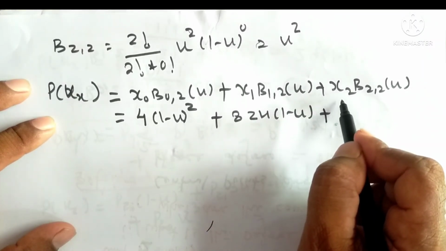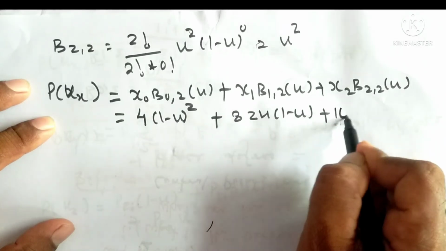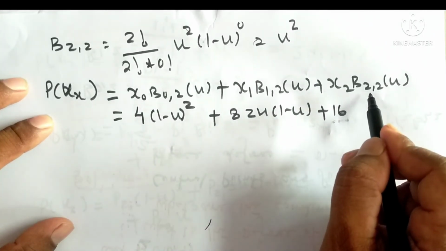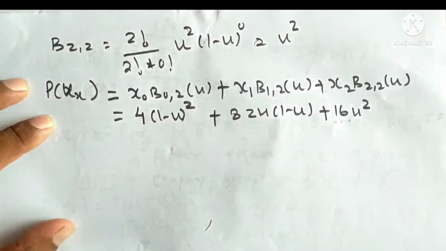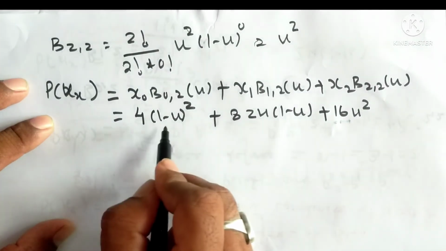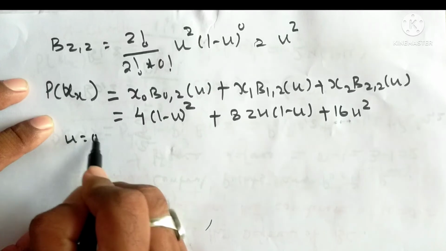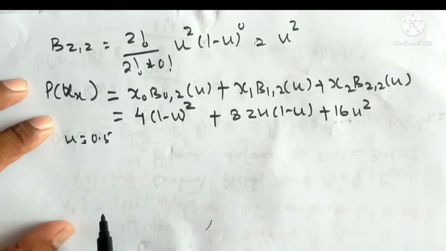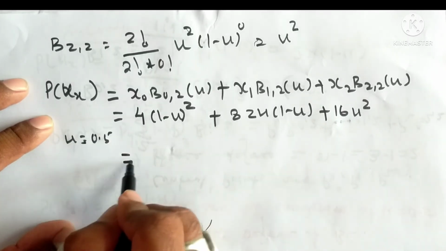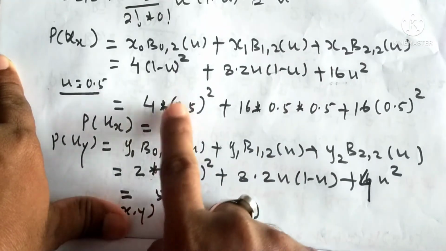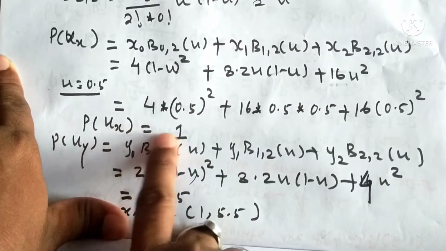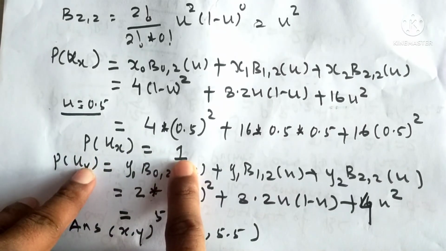Then x2 value 16 into B2,2 of u, which is u squared. Now the u value is given as 0.5. By supplying those values, you will get the x coordinate as 1.